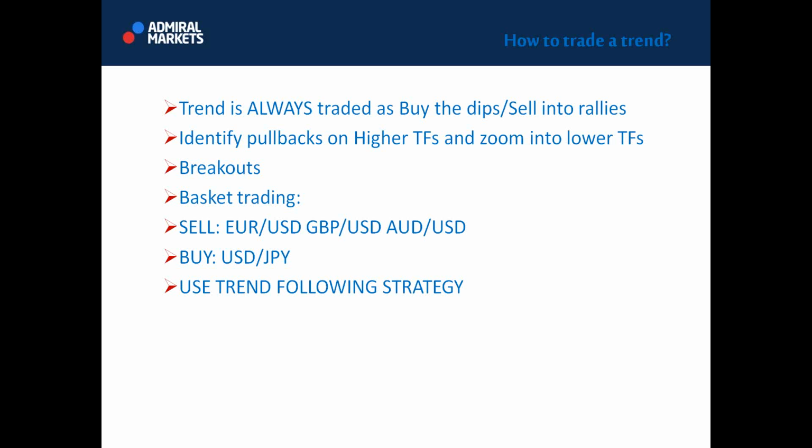That is called basket trading, and it was a way of trading which was very, very popular some 10 years ago. So basically a currency basket is a collection of currency pairs traded where the sole purpose is to highlight a specific currency move.